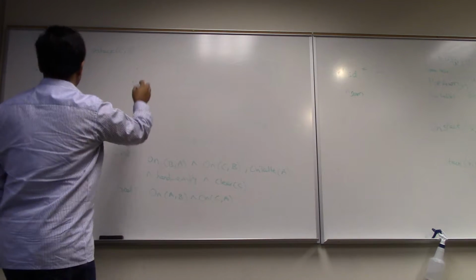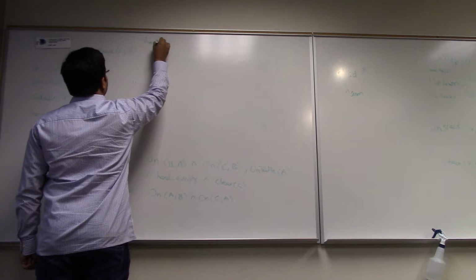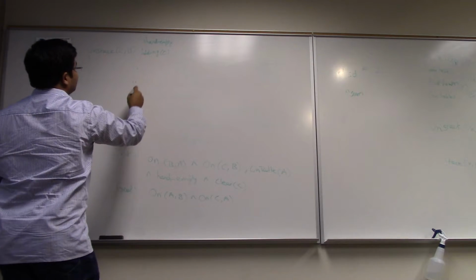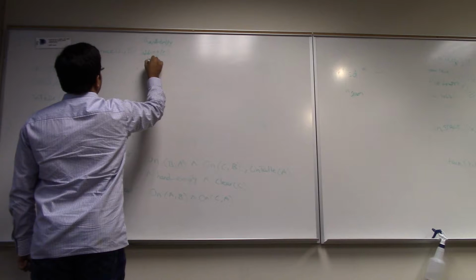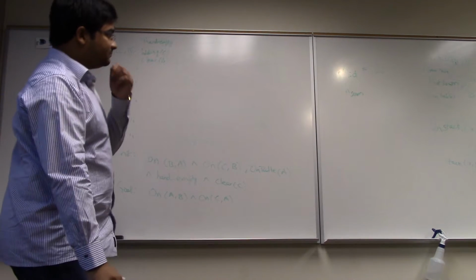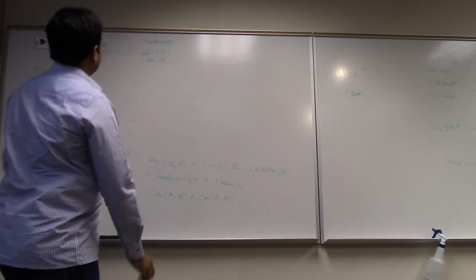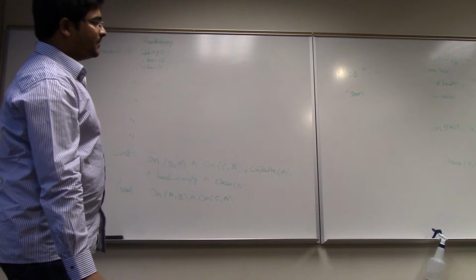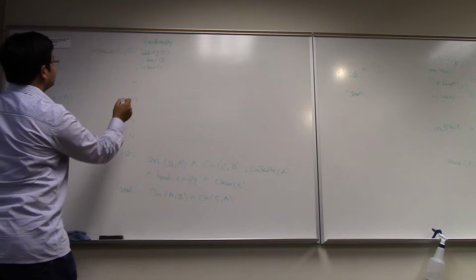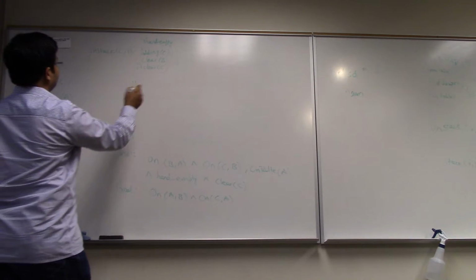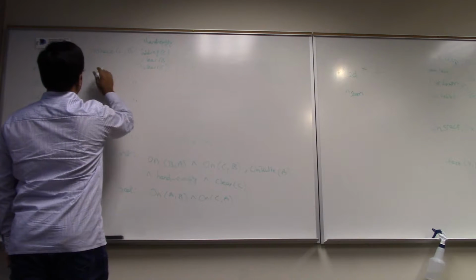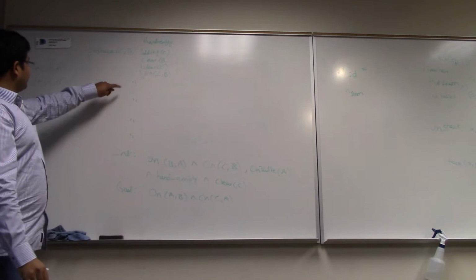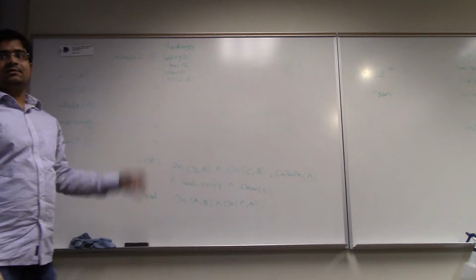Holding C, not hand empty, not clear C, clear B, and not on C B. So these two will coexist actually, the not on C B and on C B in the planning graph.